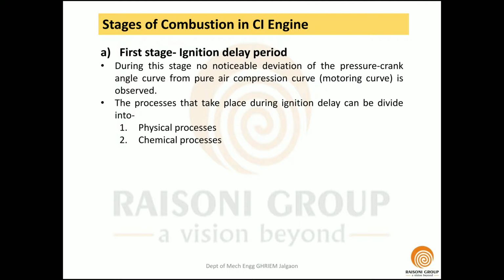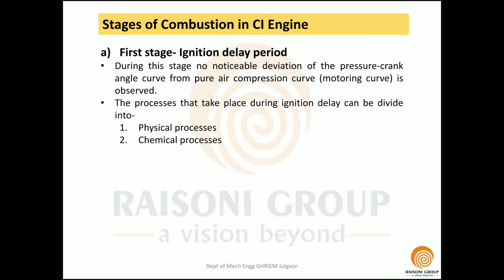During this period, the chemical reactions proceed slowly, and the physical and chemical processes generally flow parallelly, but the physical process at the start is leading. The rate of chemical reaction increases as the fuel and air become intimately mixed.